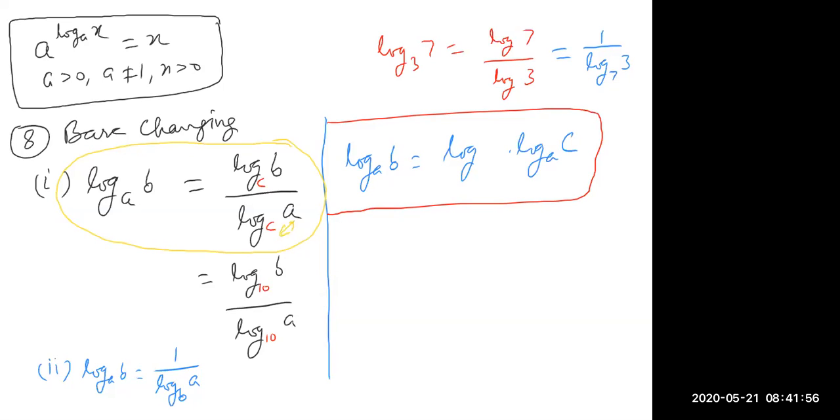For example, I can write log_3 5 is equal to log_2 5, log_10 2, log_11 10, and log_3 11. How to check this is the same?